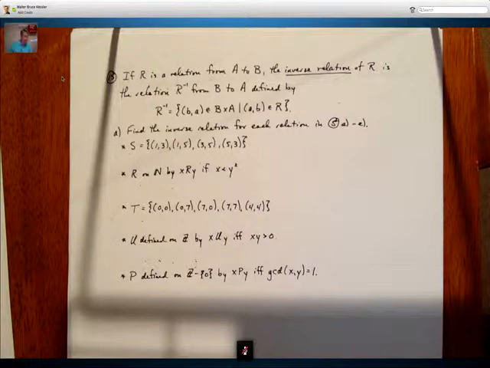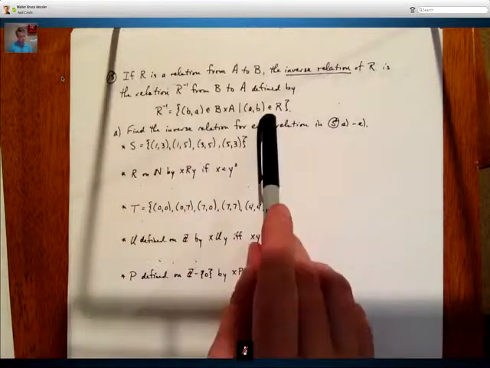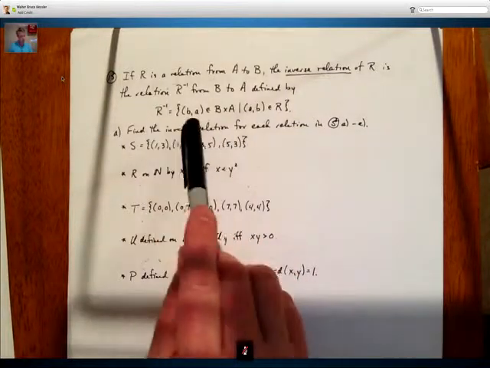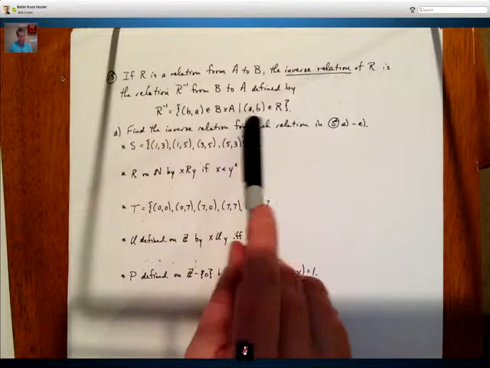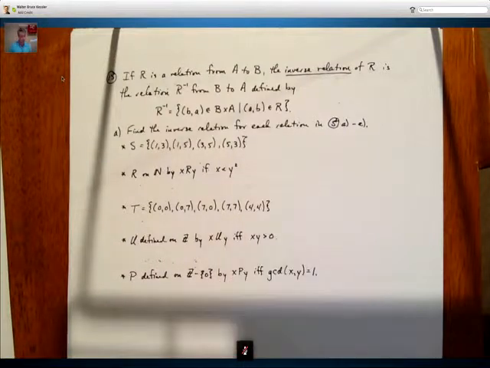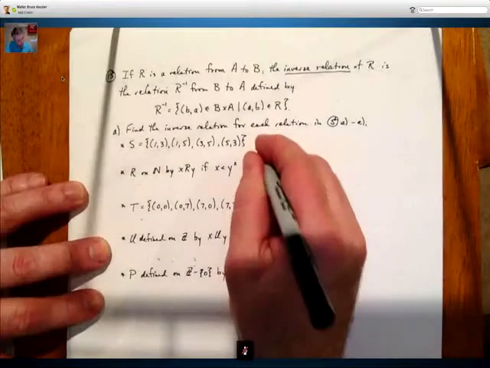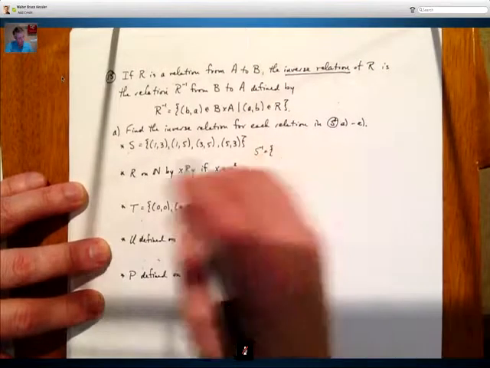We limit the range when we deal with that in algebra. But here, you can have an inverse relation that's not going to match up to things like functions. All we do is turn all the coordinates around. We take the (b, a) such that (a, b) was in R. So it's actually quite easy in many of these cases to find the inverses.